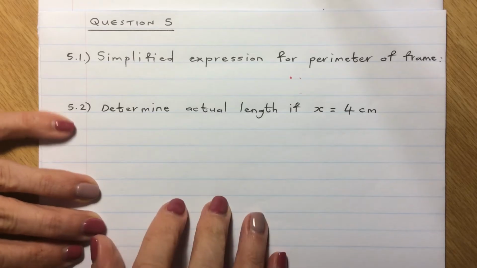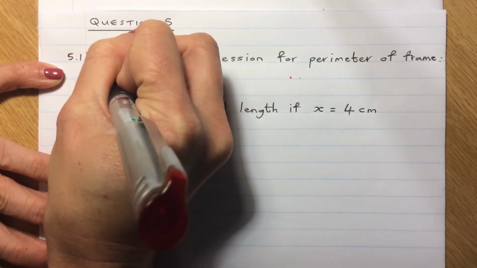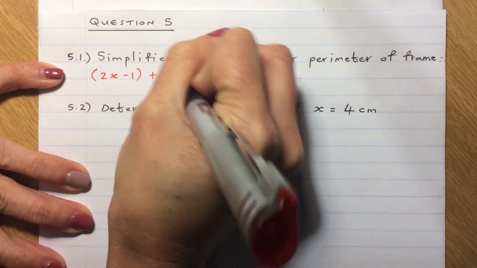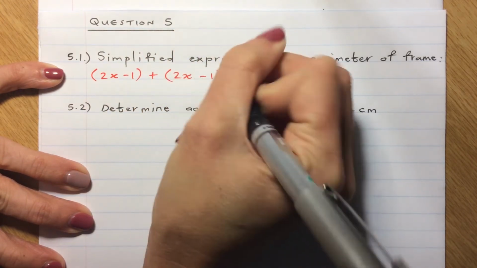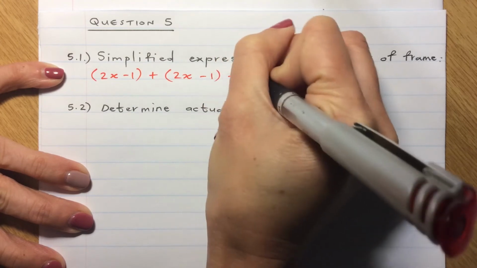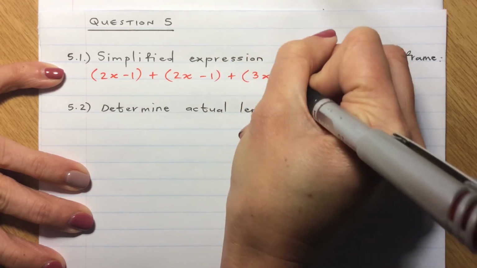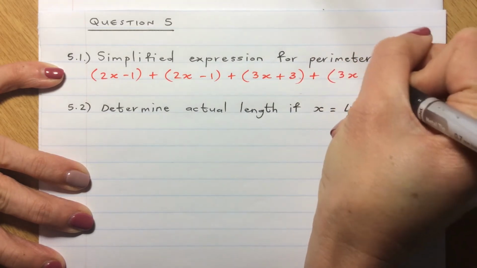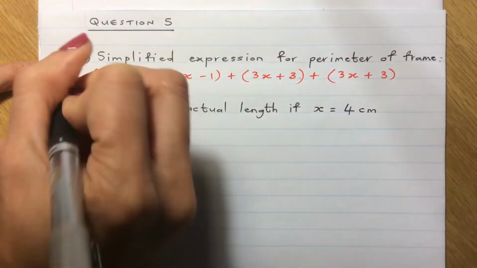So there's 2 ways of writing this, but most of us did this. We did 2x minus 1. Then we added another 2x minus 1. So those are my 2 breadths. Then I need my lengths. 3x plus 3, add another 3x plus 3 for my 2 lengths.